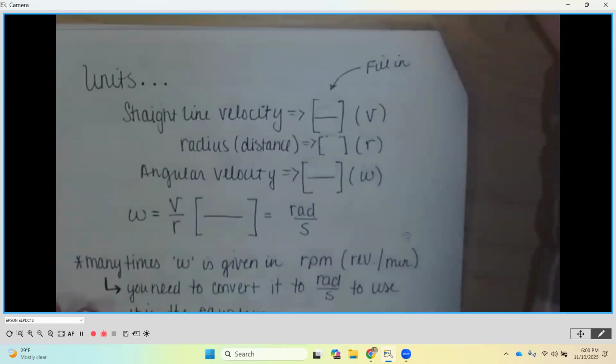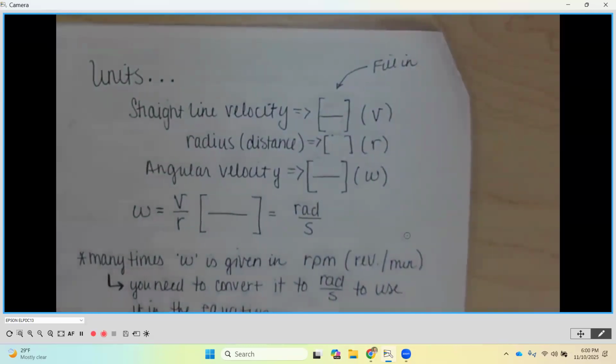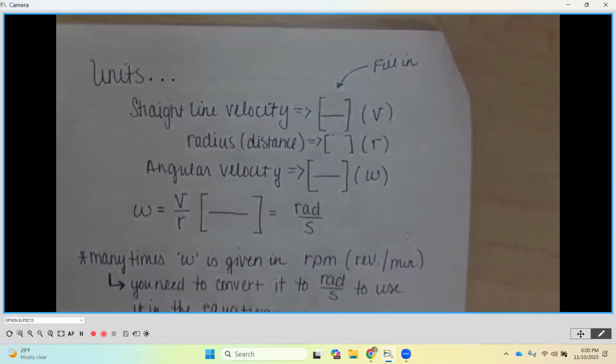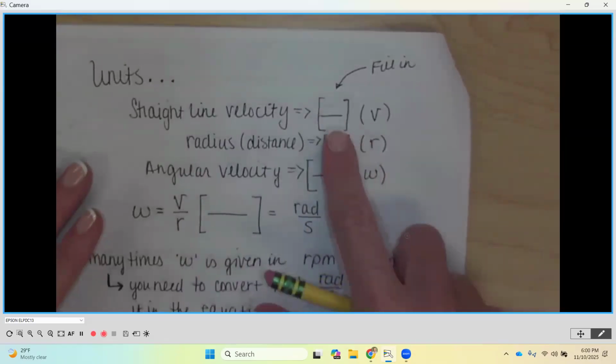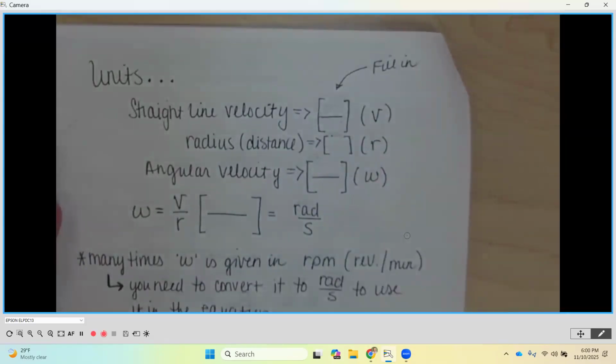Now, let's talk a little bit about units. So straight line velocity, we've already talked about this in that example. When we have straight line velocity V, what are the units that we would expect? Meters per second, what's another one? Feet per second, what's another one?